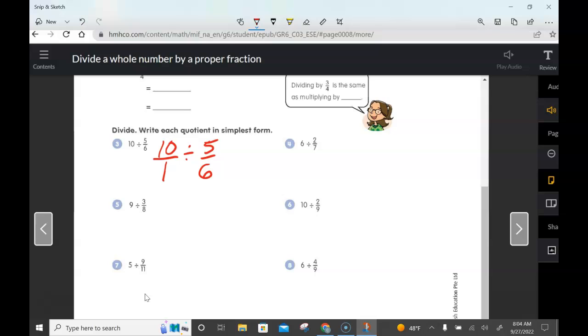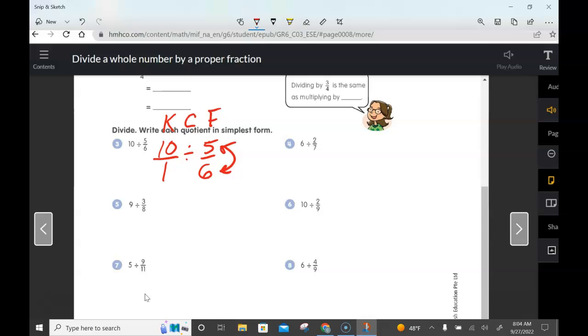Okay, so now whenever you're dividing fractions, we're going to use this simple way to remember what to do. So we're going to do the keep, change, flip. Okay, so what does that mean? What that means is whenever we're dividing our fractions here, we're going to keep the 10 over 1, the first number, the dividend. We're going to change the division sign to multiplication, and then we're going to flip the second number, the divisor, to its reciprocal.